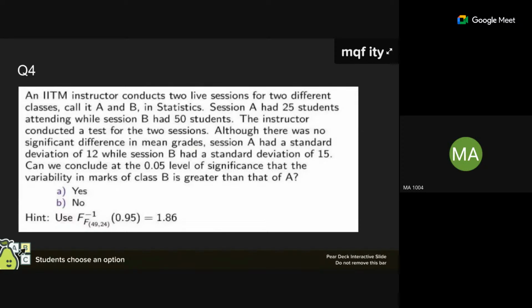In the test, the standard deviation for class A was 12 and standard deviation for class B was 15, right? Now they have given a significance level and are asking whether the variability, that means the difference in marks of class B, is greater than that of A or not. So how to check it?